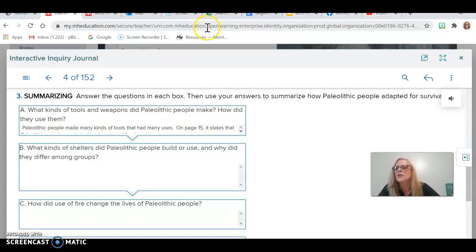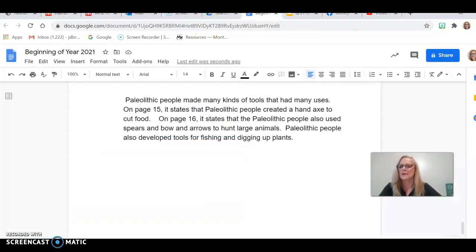As I read all of my answers, the uses are to kill animals, to cut up food, to dig up plants, and to fish. All of those actions have something in common. What do those actions have in common? All of those actions are necessary for survival, right?